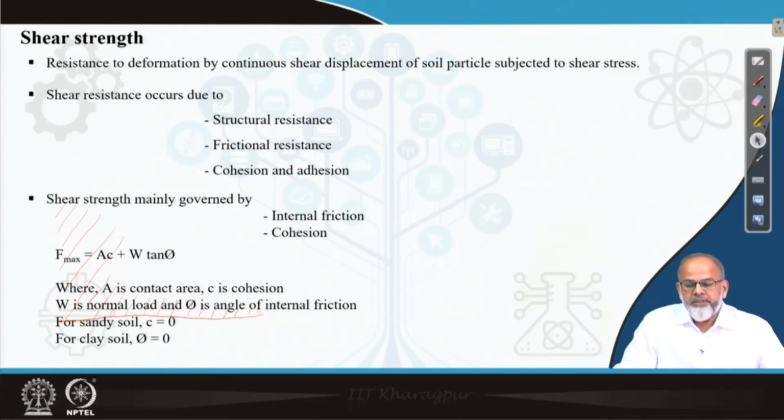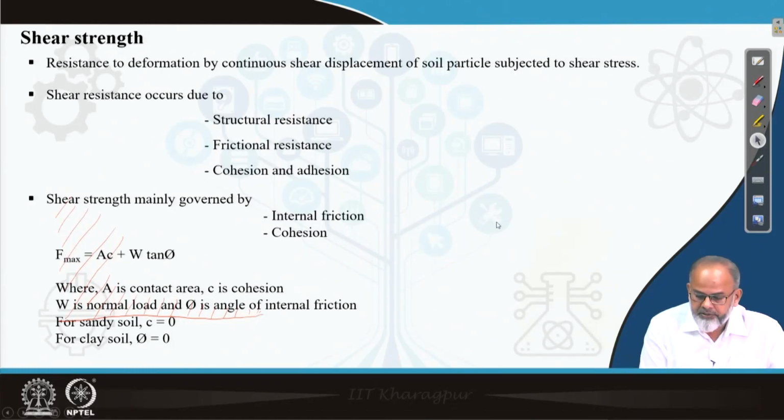Shear strength particularly is governed by two factors: one is internal friction, the other is cohesion. Usually we follow Coulomb's equation, which says that shear stress is equal to C plus normal stress into tan phi.